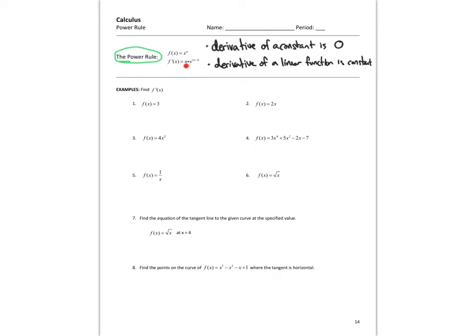So the n is multiplied in front times x to the, and then we subtract 1 from the exponent. We'll see an example down there, and once you see how it works, it's very doable.